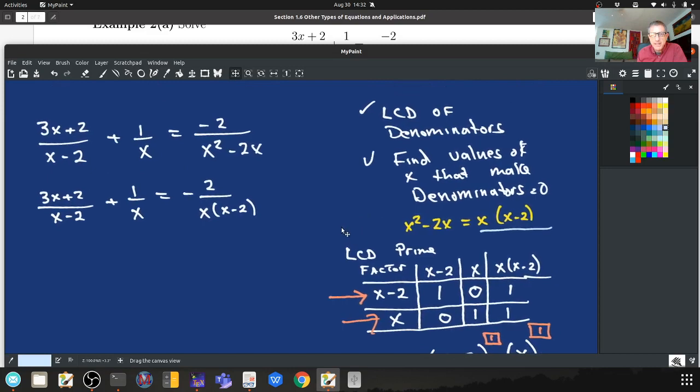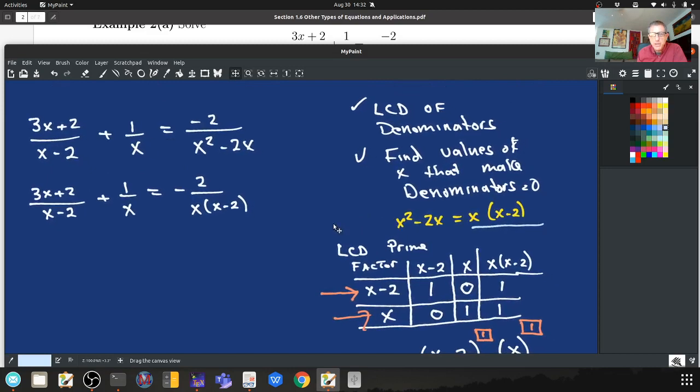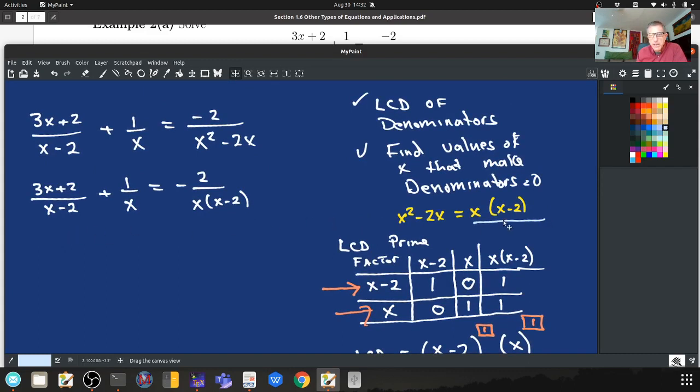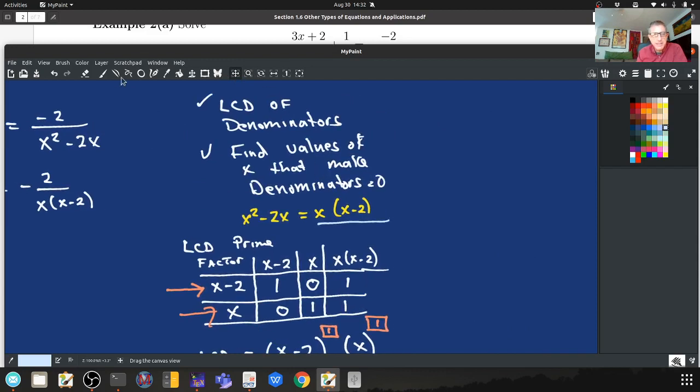We can't forget to find out the values of x that make the denominator 0. Well, you can do that just by looking at the LCD. If you do it first, our LCD turns out to be x times x minus 2.